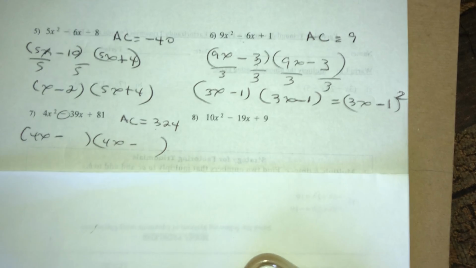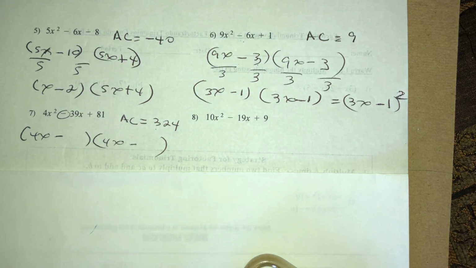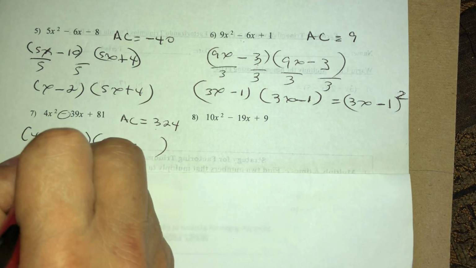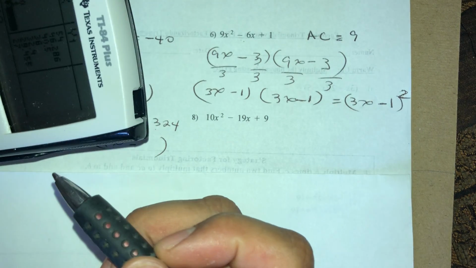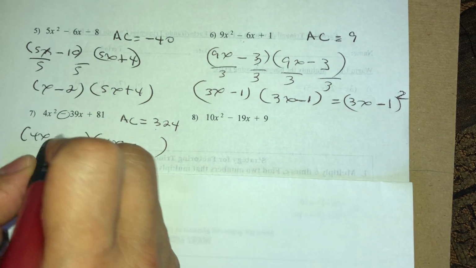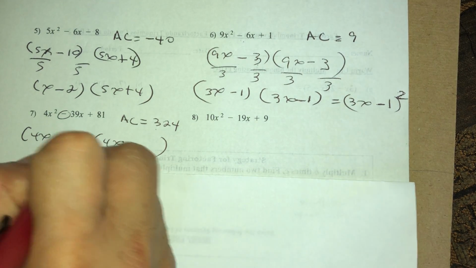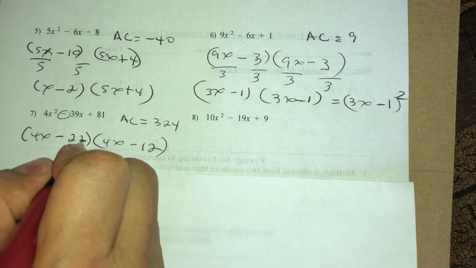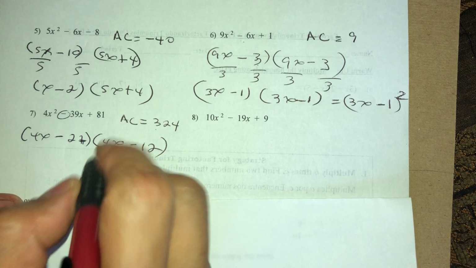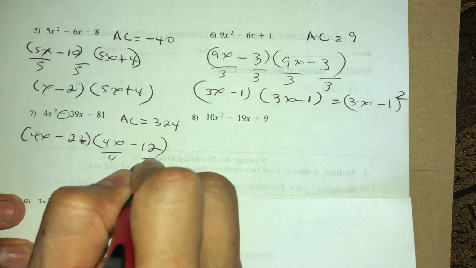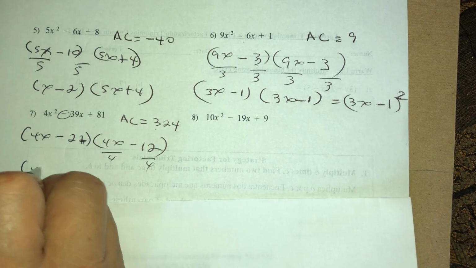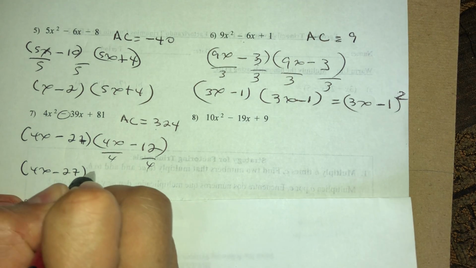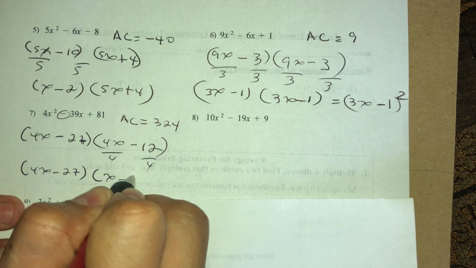Oh, before I said 12 and 17, I was close. And it's 27 and 12. Let's see, yes. So 27 and 12. Now this one doesn't have a GCF, but this one does, which is 4. So I'm going to keep this one the way it is, and this one becomes x minus 3.